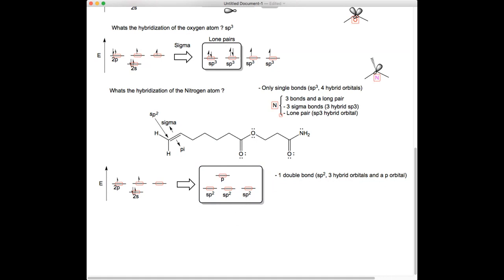So this sigma bond that I am showing here, CH, what are the orbitals participating in that sigma bond? Jennifer or anybody else, come on.